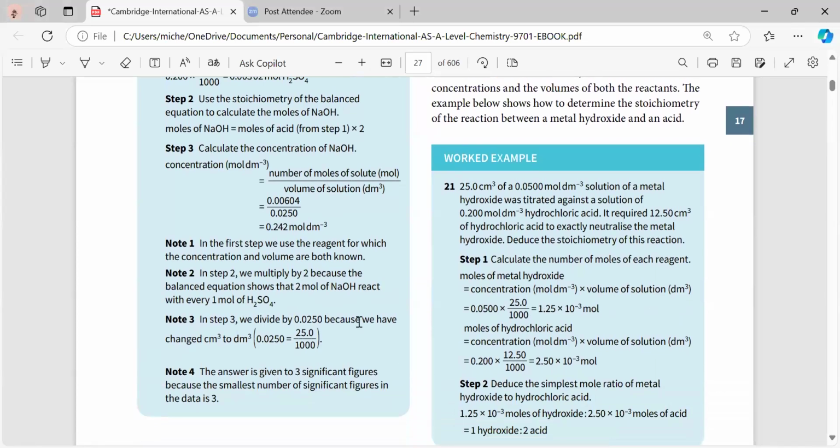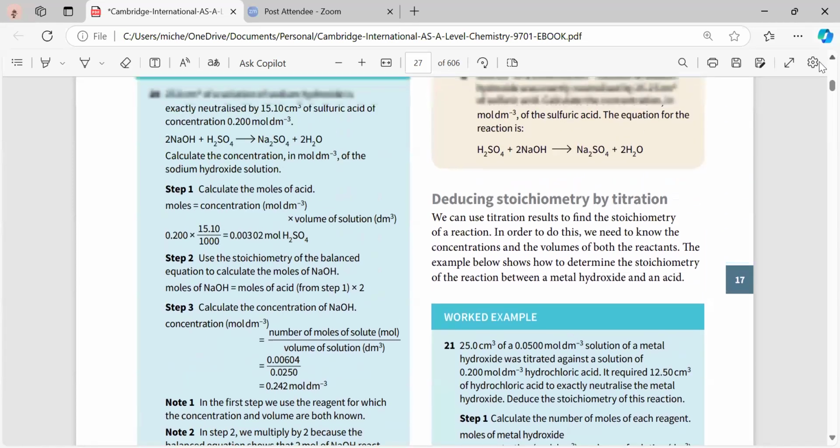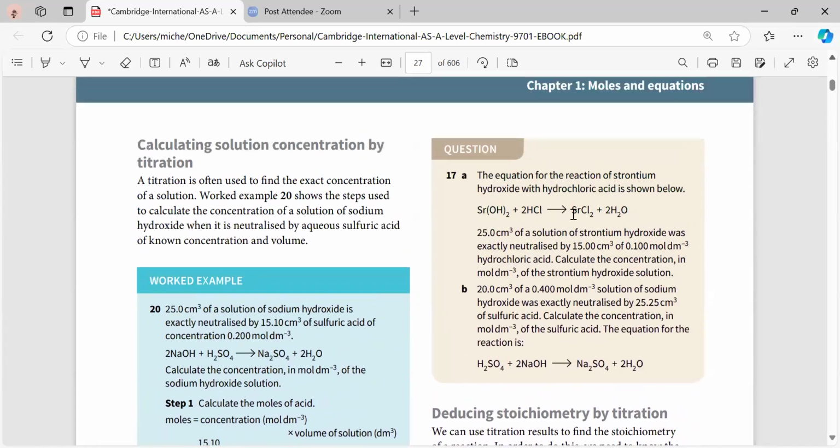So here's another one, almost like the one I explained already. Now we have a question right here. This time I'm going to do this instead of usual. For question A, the equation of the reaction of strontium hydroxide with hydrochloric acid is shown below.